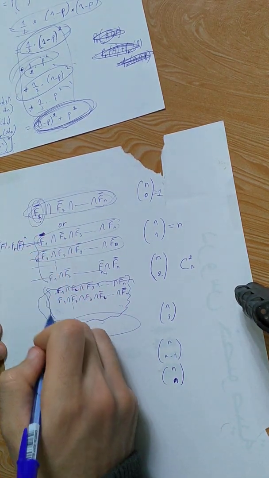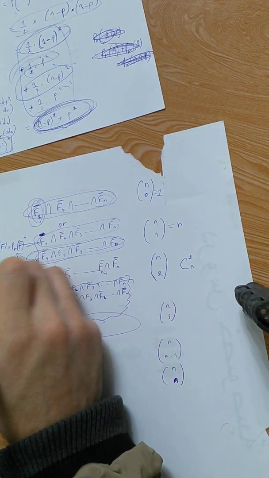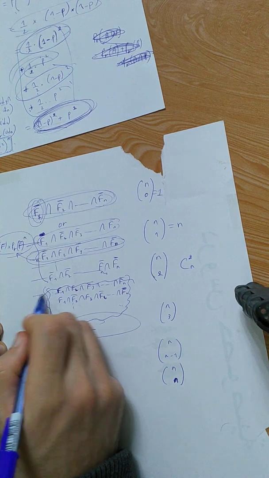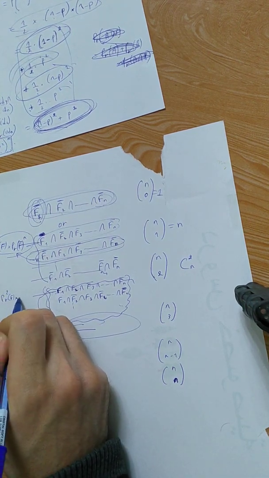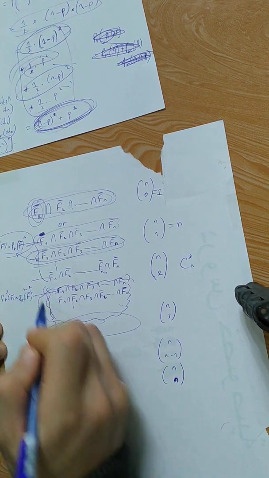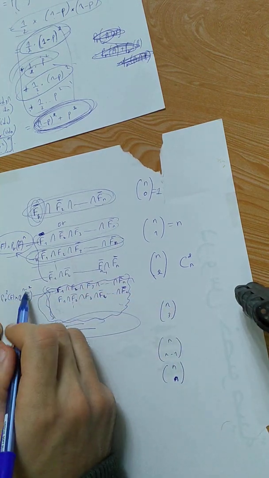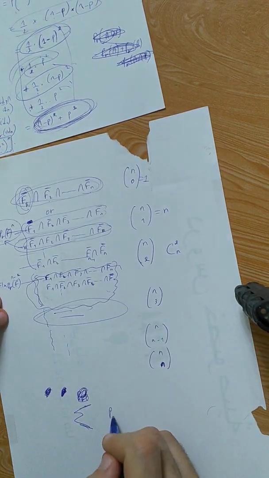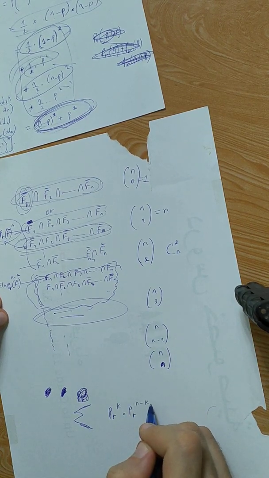While here, the probability of this thing is the probability of flipped to the power 2 times the probability of not flipped to the power n minus 2. So in general, it will be probability k times probability n minus k.